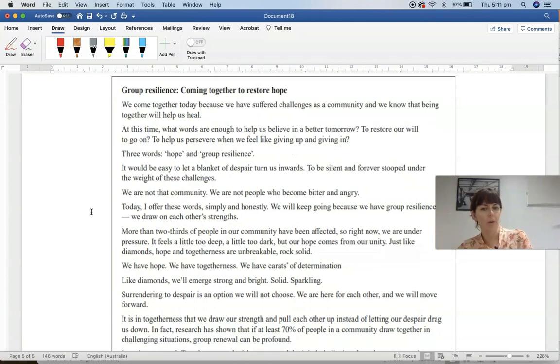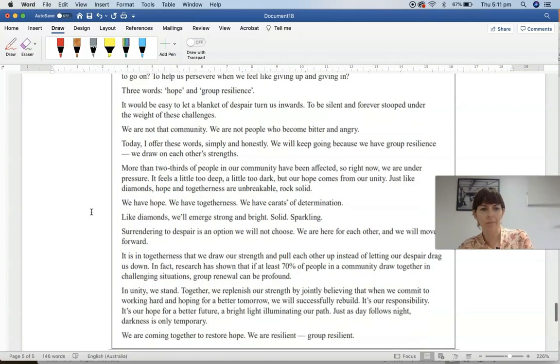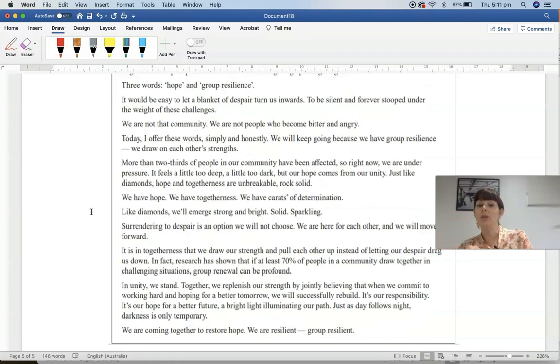We are not people who become bitter and angry. Today I offer these words, simply and honestly. We will keep going because we have group resilience. We draw on each other's strengths. More than two thirds of people in our community have been affected, so right now we are under pressure. It feels a little too deep, a little too dark, but our hope comes from our unity.